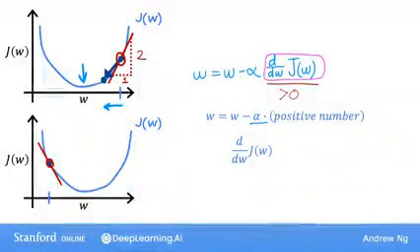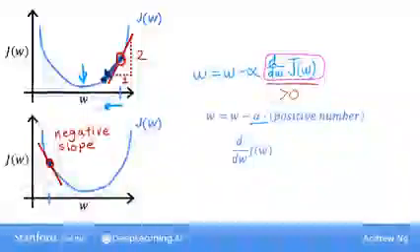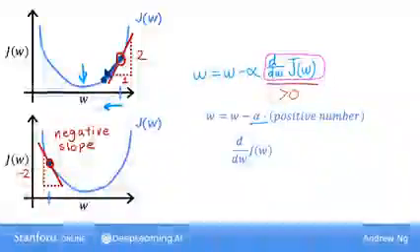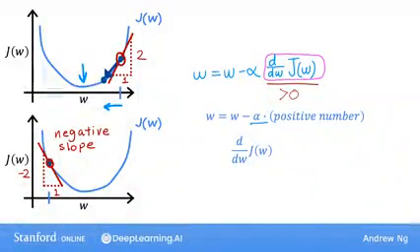But this tangent line is sloping down and to the right. And so this line sloping down and to the right has a negative slope. In other words, the derivative of j at this point is a negative number. For instance, if you draw a triangle, then the height like this is -2 and the width is 1. So the slope is -2 divided by 1, which is -2, which is a negative number.